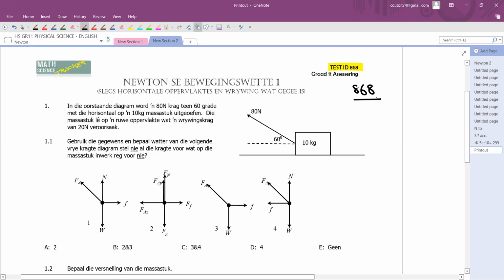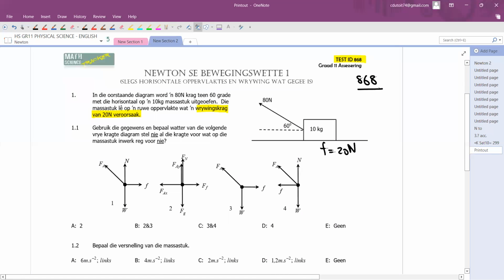So there's a drawing of a 10 kg block with a force of 80 newtons at a 60-degree angle. And then they tell us that there's friction there of 20 newtons. So the frictional force is 20 newton. And then they're going to ask which of those diagrams are incorrect.